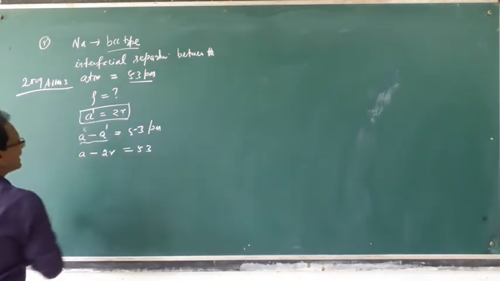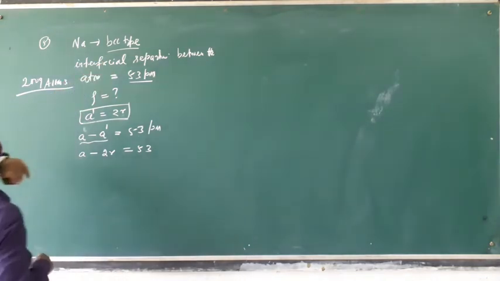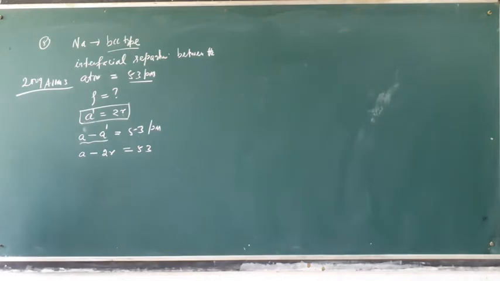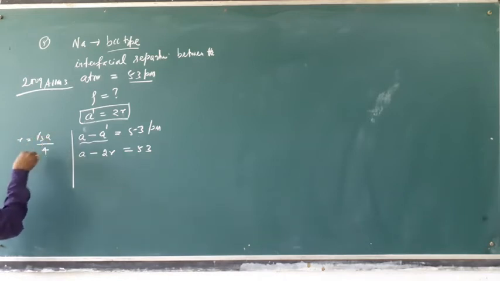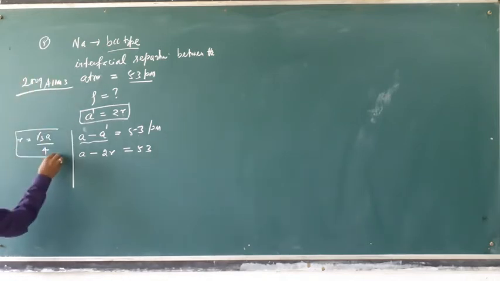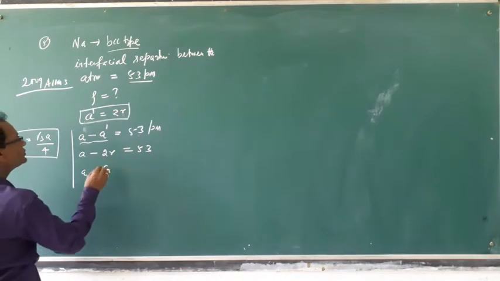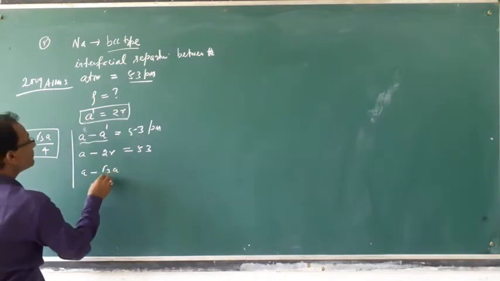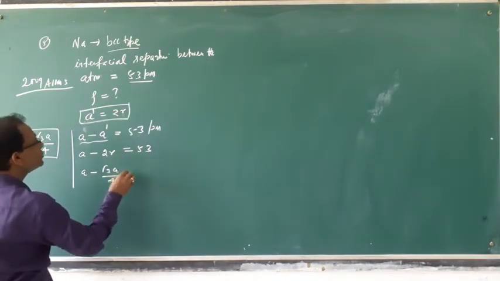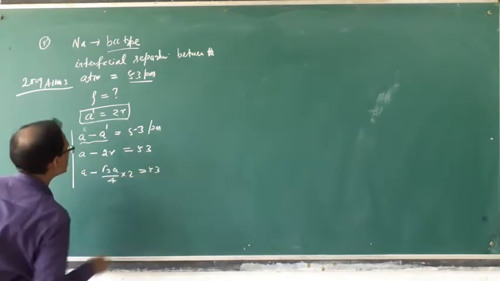But as it is a BCC type, we know that r is equal to root 3 a by 4. Put this in: A minus root 3 into A by 4 into 2 is equal to 53.